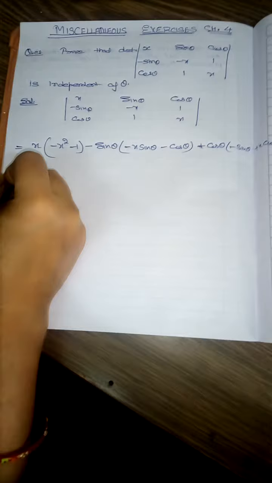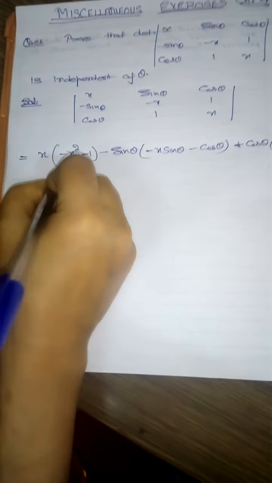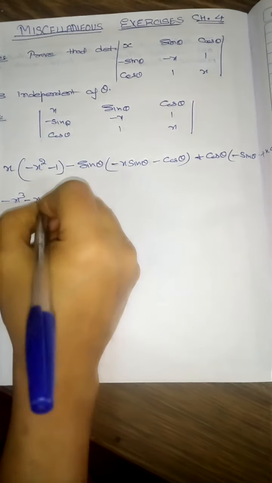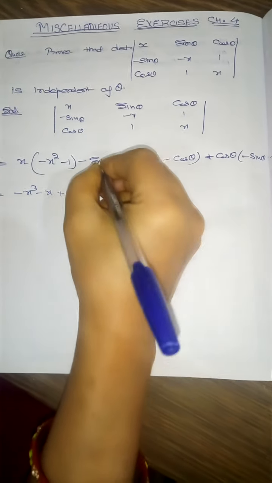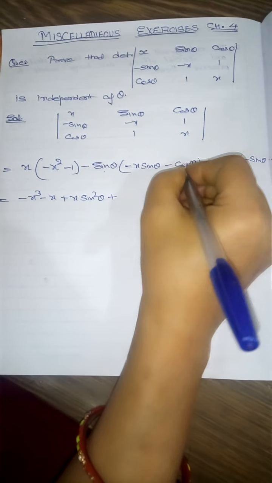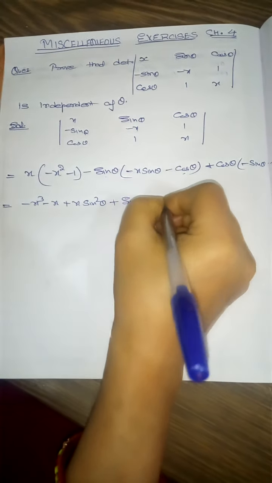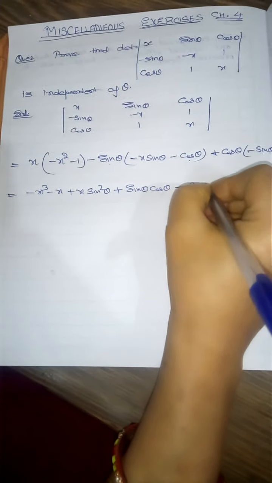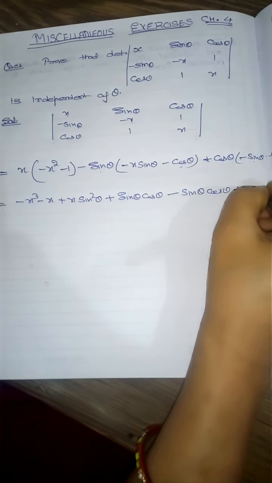Taking the minus sign common, it is minus x cube, minus x, open the bracket, plus x sin square theta, plus sin theta cos theta, minus sin theta cos theta, and then plus x cos square theta.